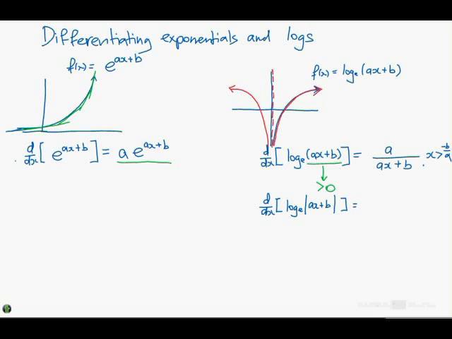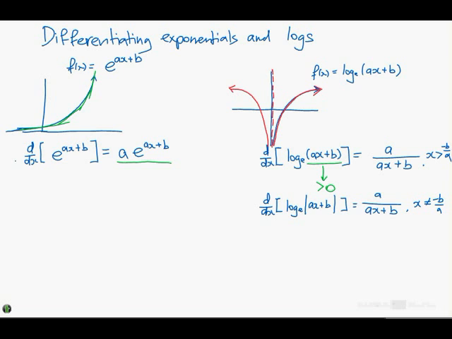And so the formula for this one, again, is not particularly difficult. It is actually the same: a on ax plus b. But the only difference is that here x is allowed to be any value except for the value that makes the inside of the log 0. And so x is just simply not allowed to be negative b on a. It can be anything else though.